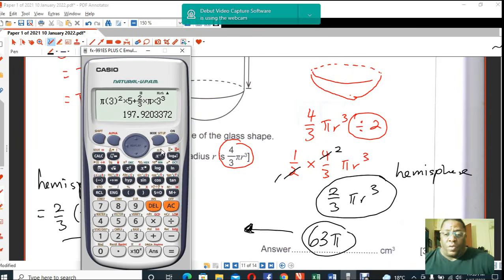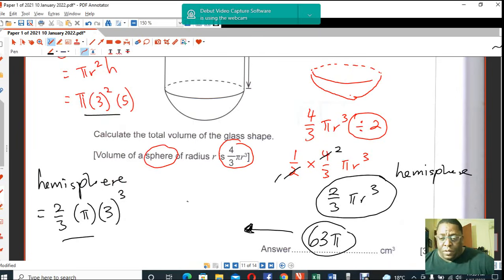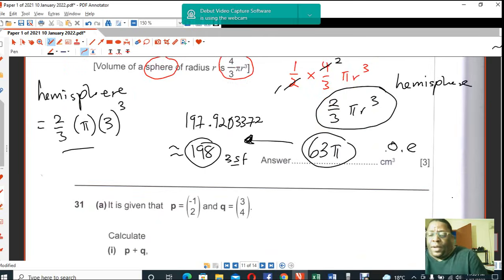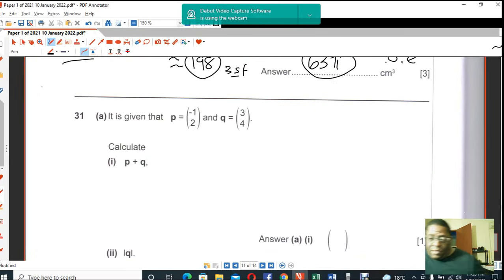So 197.92033 and so on is 198. All right, so any one of these, or equivalent, we will accept as an answer.